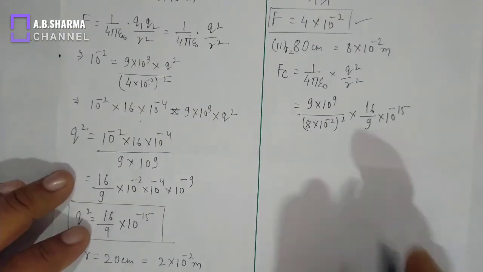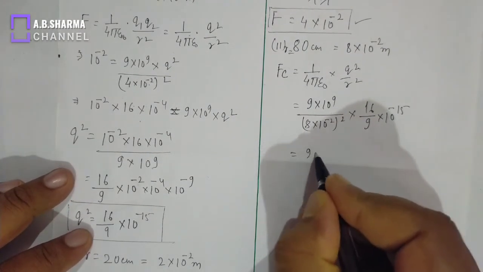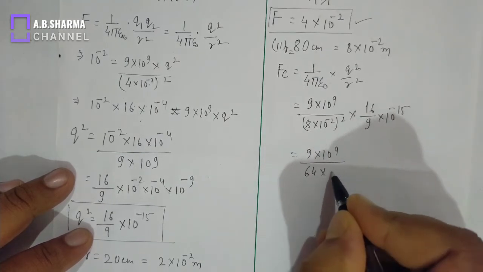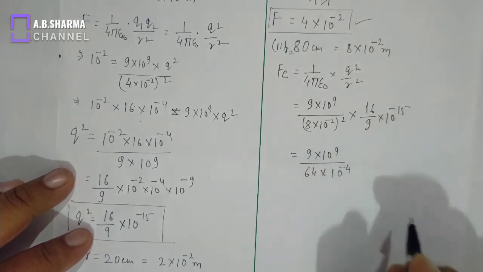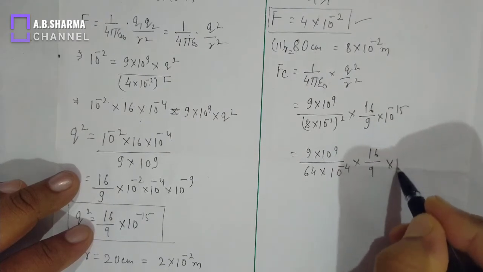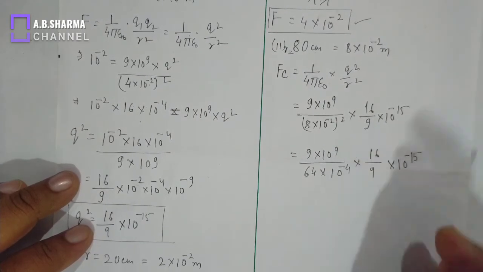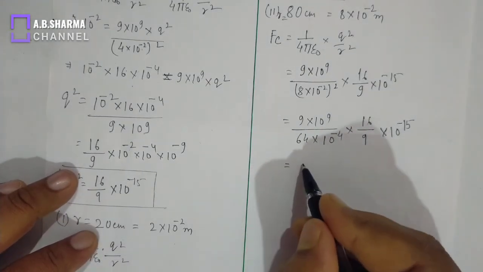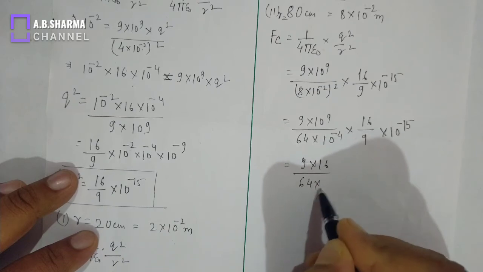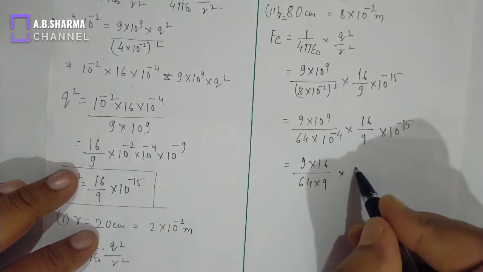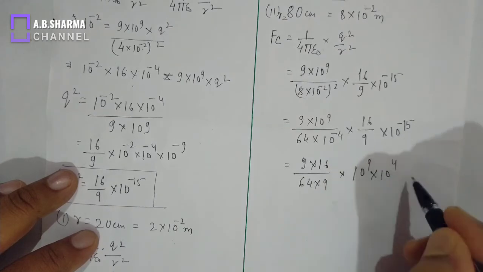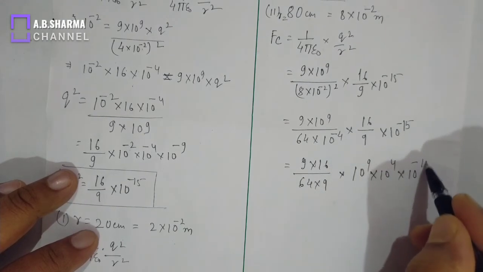Now solve this expression. This will become 9 into 10 to the power 9, and this is 8 8 is 64, and this is 10 to the power minus 4, 16 over 9 10 to the power minus 15. Now separate the numerals and exponents, that is 9 into 16, 64 into 9, multiplied by 10 to the power 9, 10 to the power 4, 10 to the power minus 15.